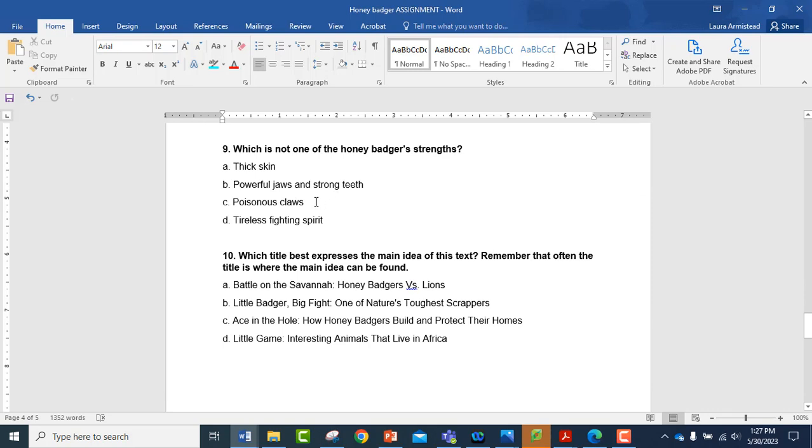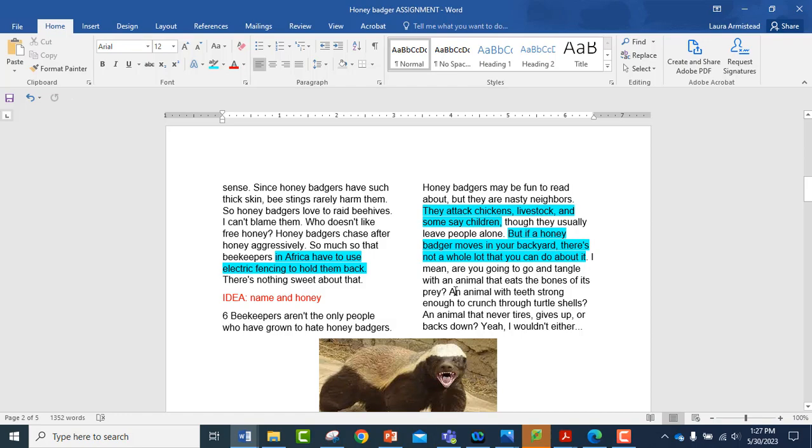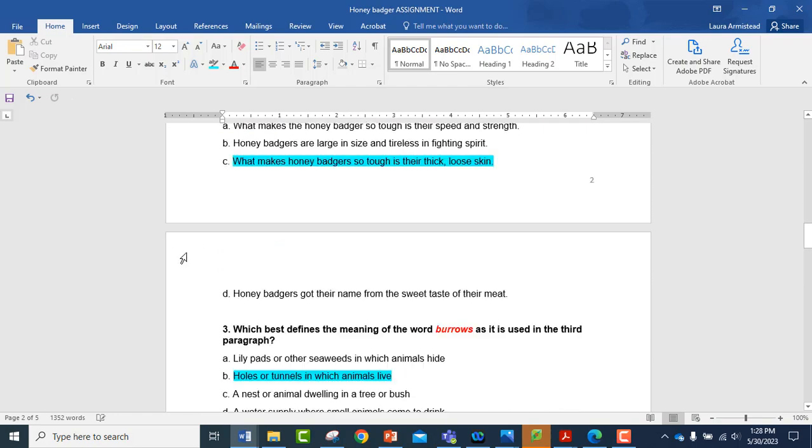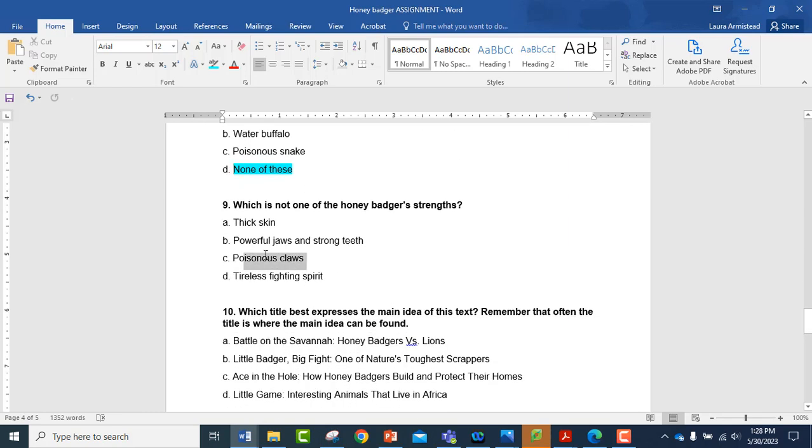They don't have poisonous claws. They do have a tireless fighting spirit. So it's either B or C. Well, I would think they're powerful jaws and strong teeth, because doesn't it say at the end an animal with teeth strong enough to crunch through turtle shells? So it's got to be this poisonous claws thing. That's the only one here that isn't true.